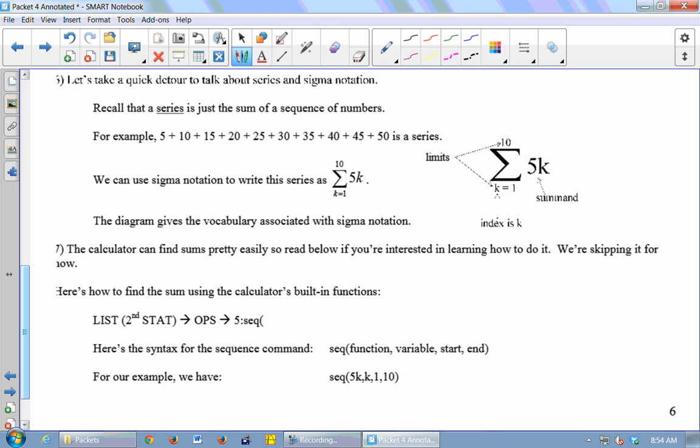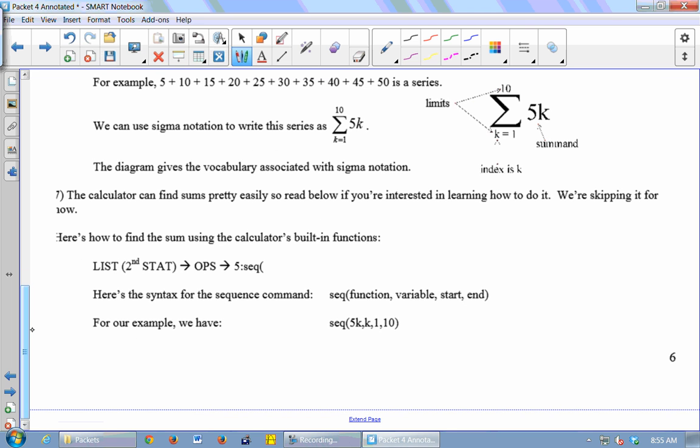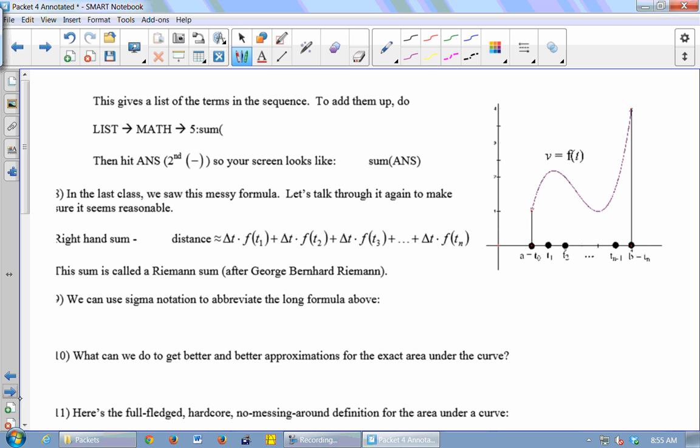The k equals 1 and 10, those are called the limits. Don't confuse them with calculus limits. It's just the limits of what I plug in. The index is, k is called the index, and the 5k is called the summand. Your calculator can find sums pretty easily if you want it to calculate a sum for you, but we're going to skip this, but you can read it if you want on your own.